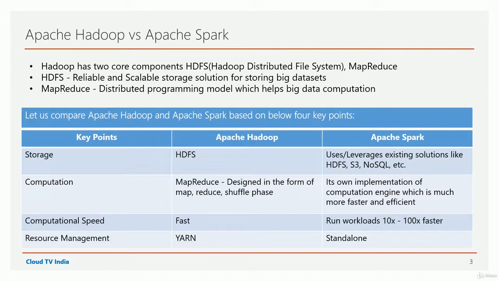So when it comes to the third point, computational speed, yes, Apache Hadoop is fast, but it is mainly for batch-oriented jobs. For SQL or data warehousing queries that run for a whole day, using Hadoop they were able to bring the load down to hours, or a couple of hours, or some minutes.